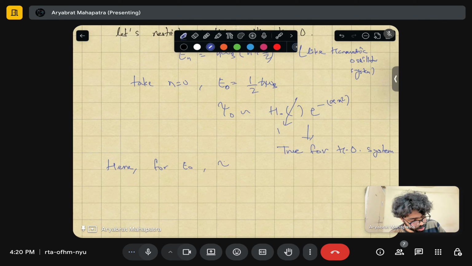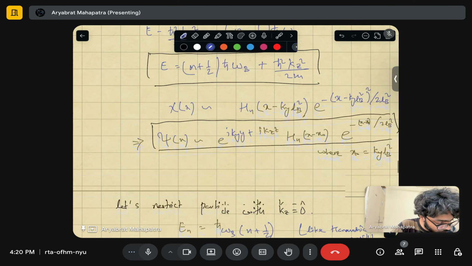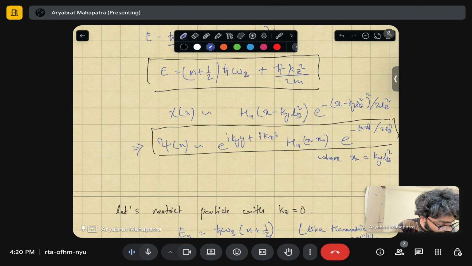your psi has two quantum numbers. Like psi depends on, you have made kz to be 0. So this is your psi.